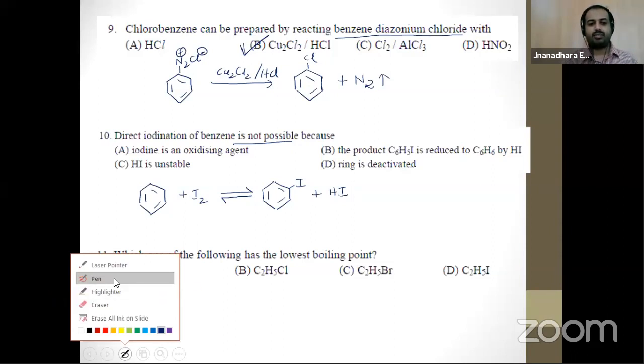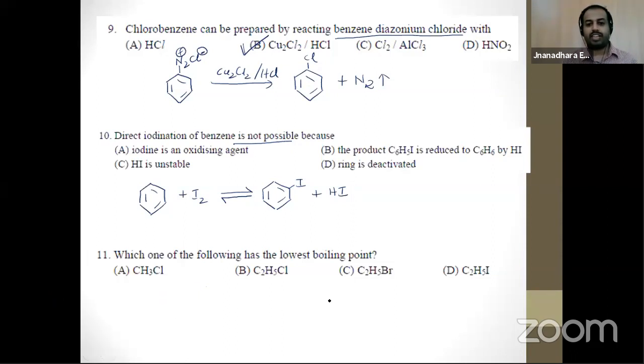HI is a strong reducing agent. Never forget that. The strong reducing agent HI reduces iodobenzene back to benzene.